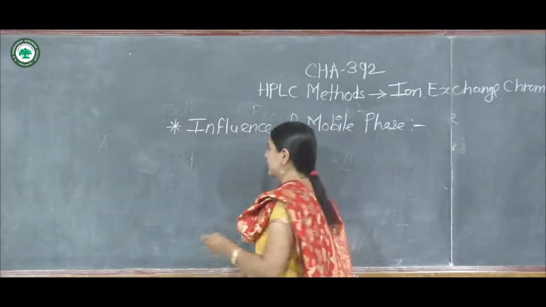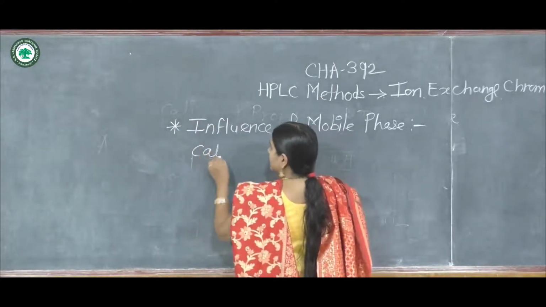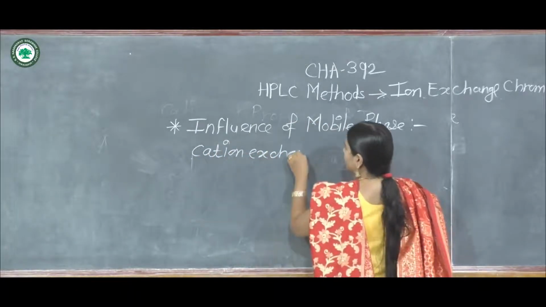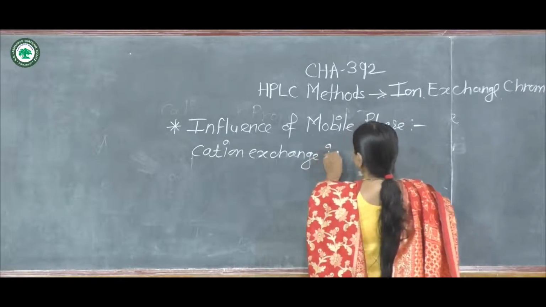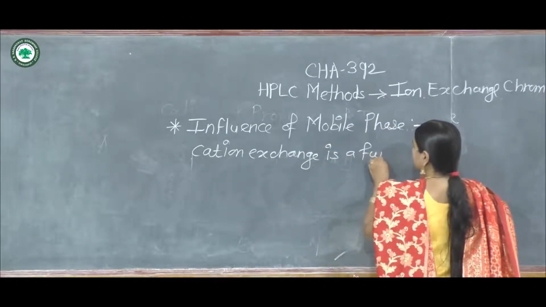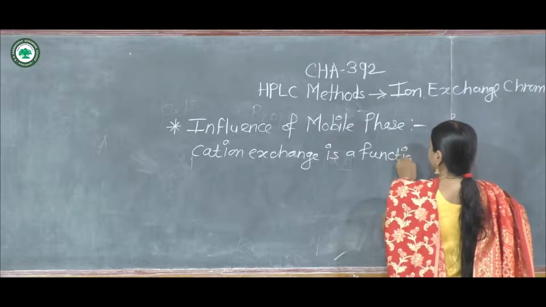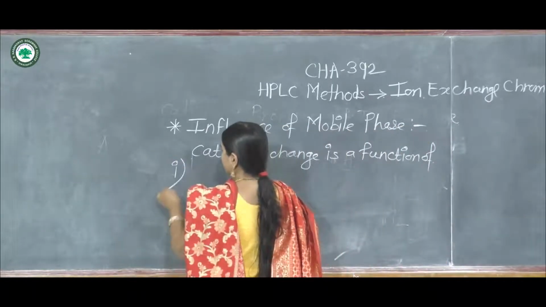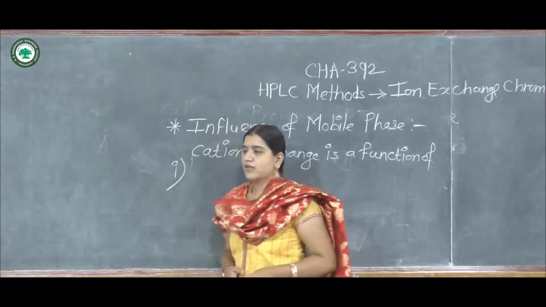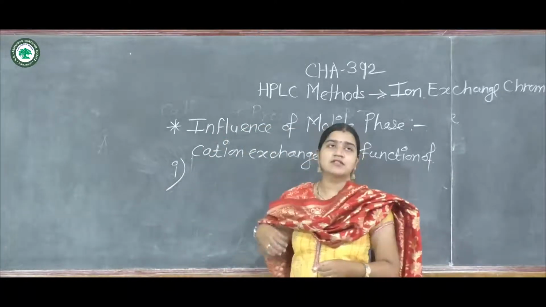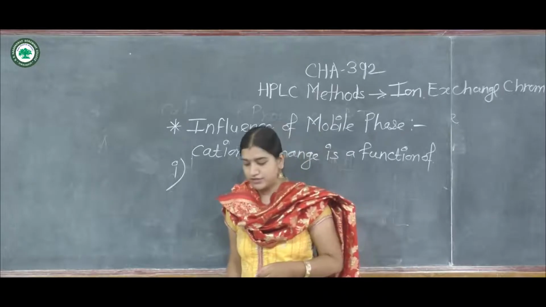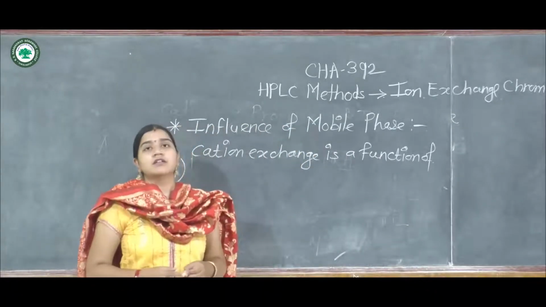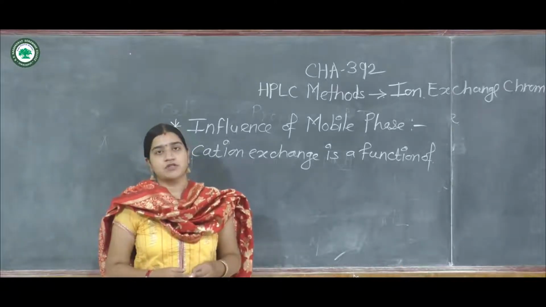Now for cation exchange chromatography, cation exchange is a function of several factors. First the cation exchange, and then we will go for the anion exchange. Cation exchange is used when the molecule of interest is positively charged.